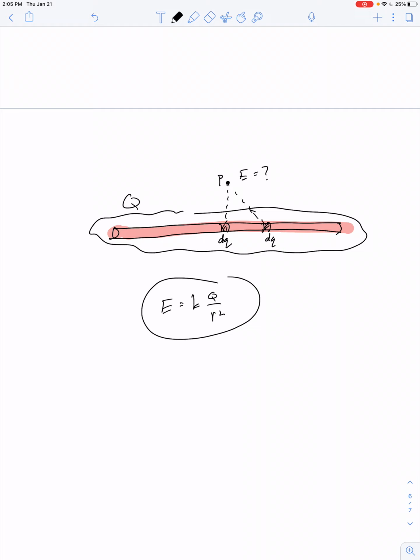And the distance here is a little bit greater, so that changes the value of R. And so there's a little contribution to the electric field, dE, due to this charge, and another contribution to the electric field, dE, due to this charge. And in the end, I'd have to sum all of that up. So we're going to have to use some calculus to come up with other equations for finding electric field that differ from the form given by Coulomb's law.